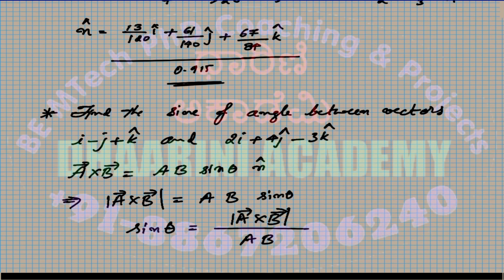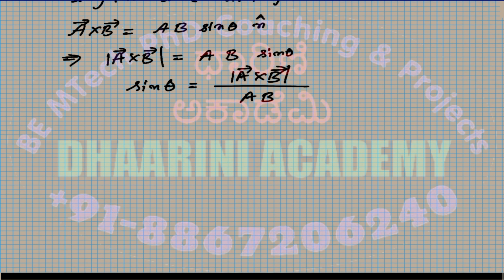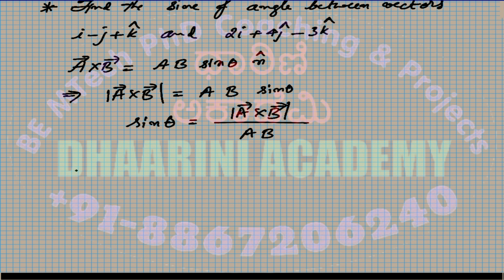For the time being, the first vector is A and the second vector is B. I need the magnitude of A cross B to start with, so let's calculate A cross B first.